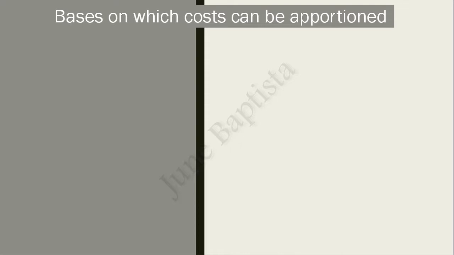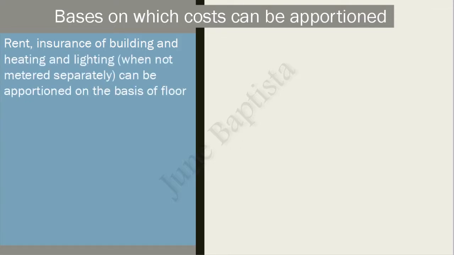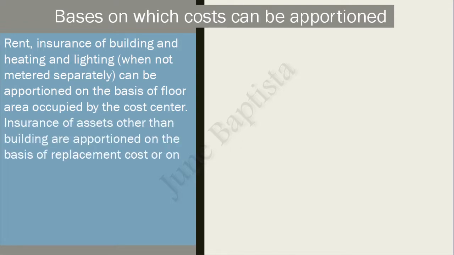Basis on which costs can be apportioned. Rent, insurance of building, and heating and lighting, when not metered separately, can be apportioned on the basis of floor area occupied by the cost center. Insurance of assets other than building are apportioned on the basis of replacement cost or on the historic cost of the asset.